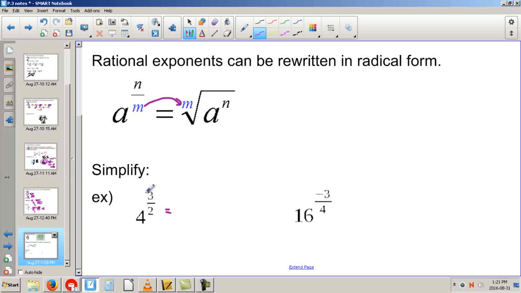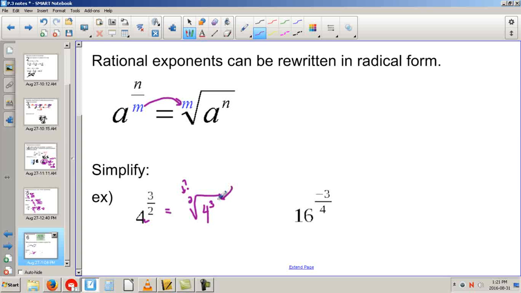If I were to write this in radical form, first thing I might do is put the radical there. Now I know a 4 goes inside of this radical. That's this piece. Done. Question is, what goes out here and then what goes inside there on the 4? Well, if we look at the structure here, the bottom value always goes here and the top value always goes on top of the number.